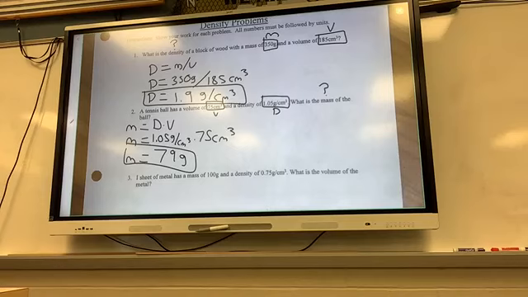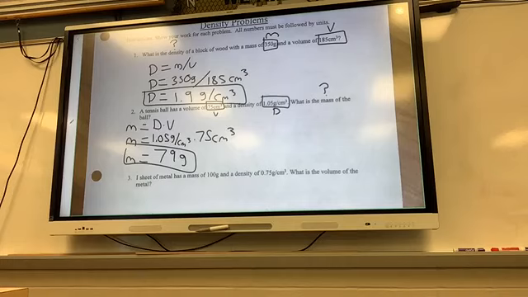Don't let sig digs confuse you on number 3. Just do it to sig dig rules. For the number 100, these zeros won't count, so it'll just be 1 sig dig.